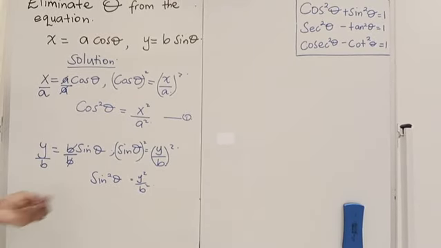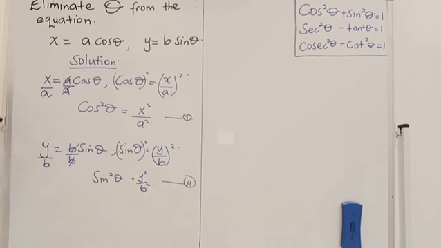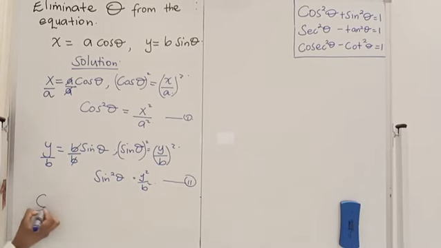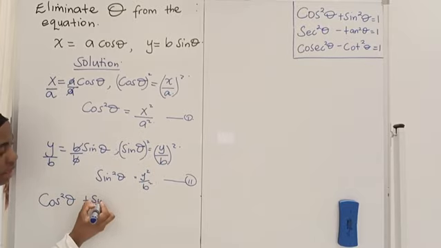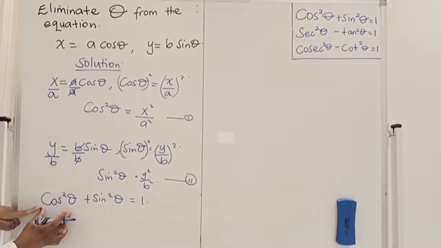Now, after having these quantities, we have sin squared theta and we have cos squared theta. Let me bring my first identity here. I will have cos squared theta plus sin squared theta equaling 1. What is cos squared theta?